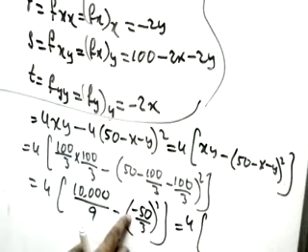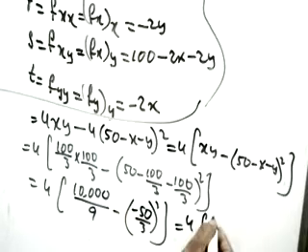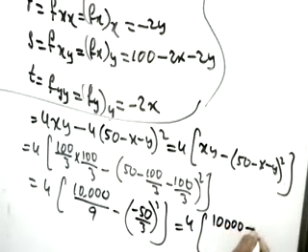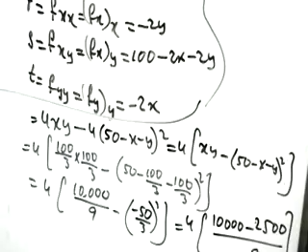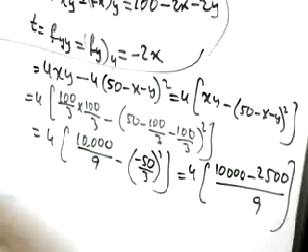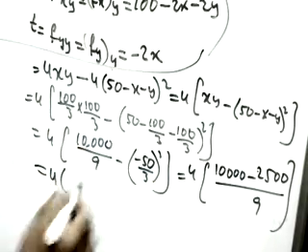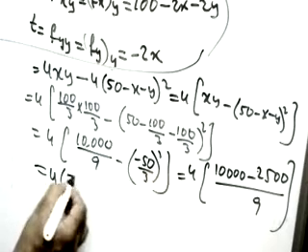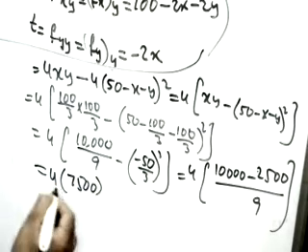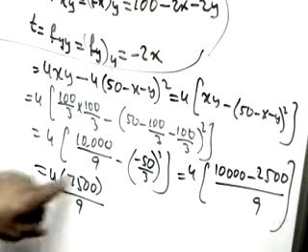So let me continue this one. 4 into minus square will be plus, so 10,000 minus 5 square, 2500, over 3 square, 9. Let me take LCM 9. If you do 4 into 10,000 minus this, it will be 7,500 by 9.